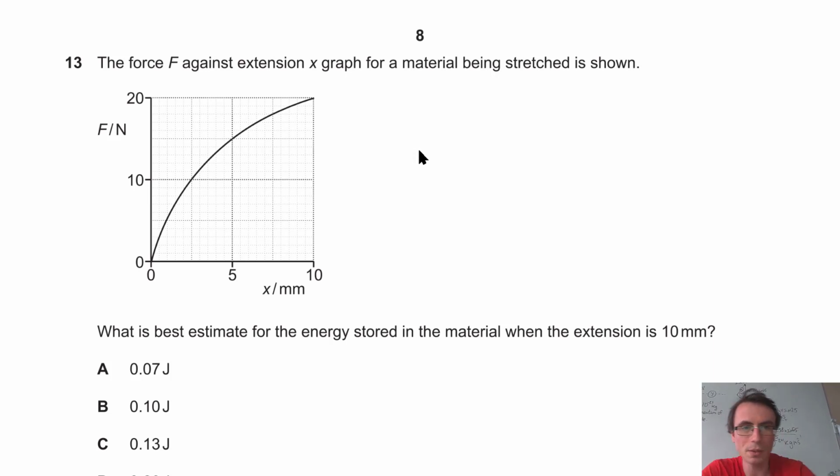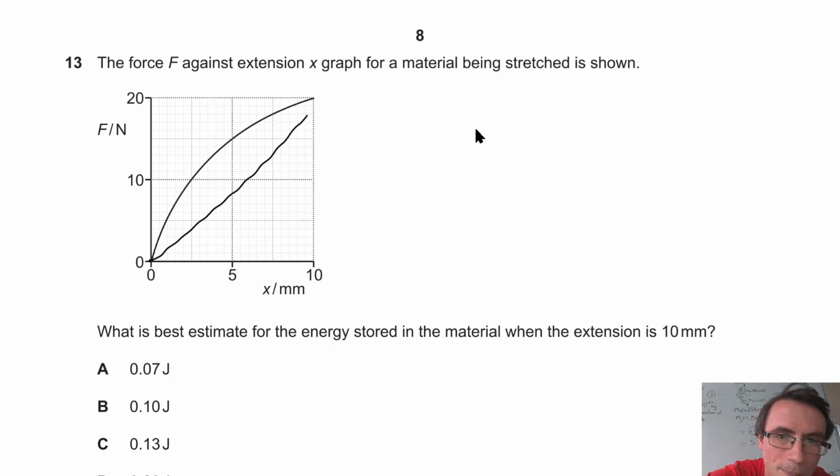However, because this is not a regular shape, if we were to try and estimate this with a triangle, that's the worst line I've ever drawn. Let's try that again. If we were to estimate that with a triangle, we're going to have a bit of a problem, because the area will actually be substantially bigger than that.